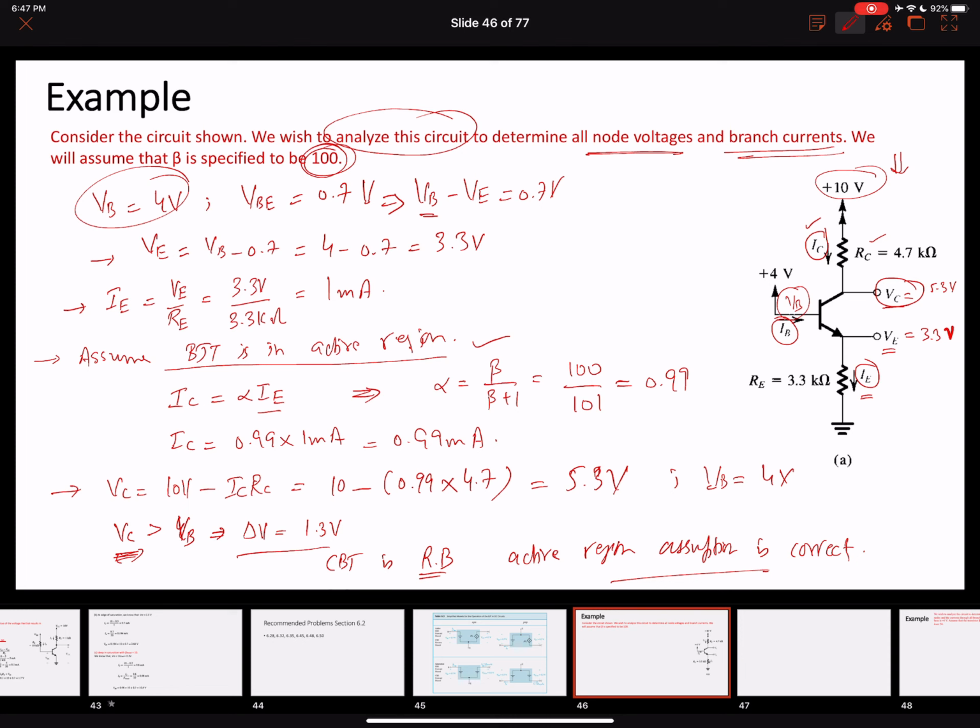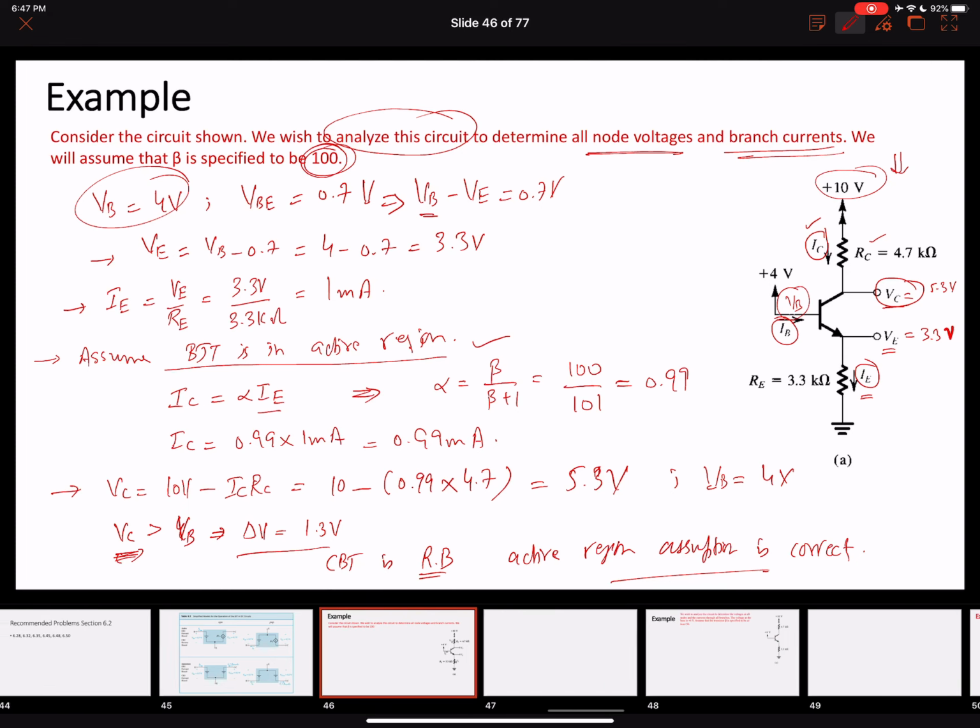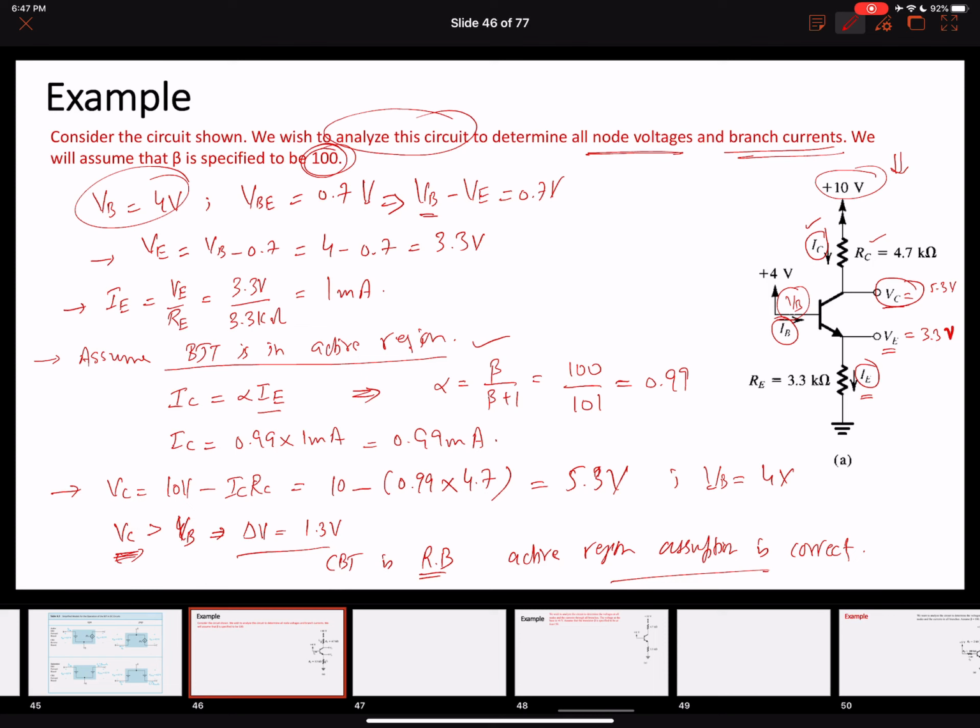Then we did a bunch of these examples. Again, you can always start with the base to emitter junction being forward biased with 0.7 volts and find out those node voltage values. Before finding the collector current or the collector terminal voltages, you need to make an assumption. You can always start with the assumption of active region operation, then find the collector voltage and compare it with the base voltage.